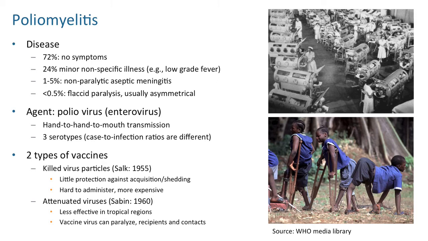The Sabin vaccine is an attenuated live vaccine. There you can get great immunity. It's easy to administer. It's administered through giving drops of a liquid in the mouth, so you can use it effectively in mass campaigns, which is more difficult for the killed vaccines. But in areas where you have a lot of antiviral pathology, your vaccine will be less effective.